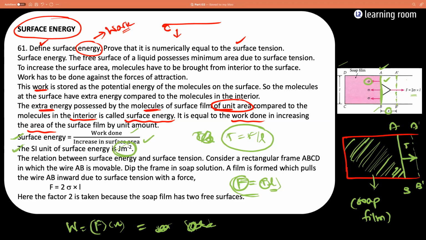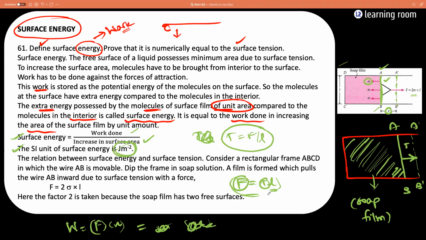So in the place of T, you write 2T because there are two free surfaces for a soap film. Think of a soap bubble. What is present inside a soap bubble? It is air. What is present outside the soap bubble?